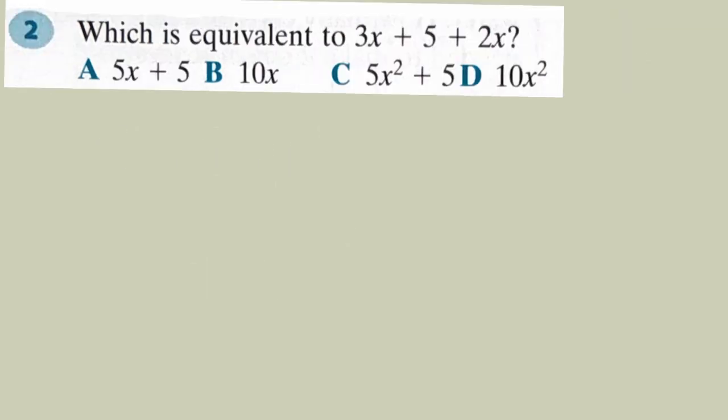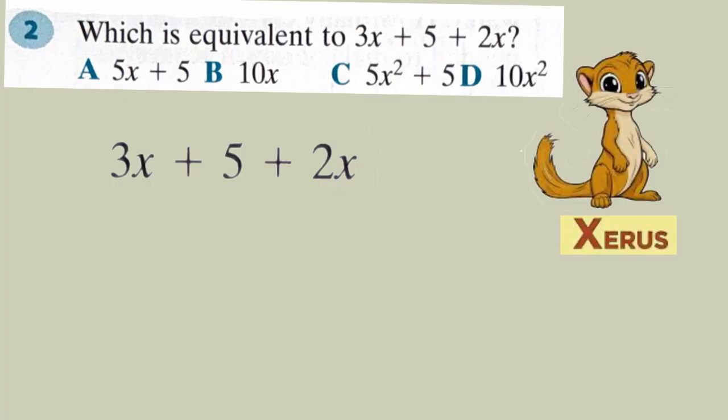In this question, we are shown an expression with 3 terms. One of them is with a variable x, and then there's another term which is just a constant 5, and another term with a variable x, 2x. Let's just pretend that x is a xerus, a little rodent from South Africa that uses its fluffy tail to shade itself from the savanna African sun.